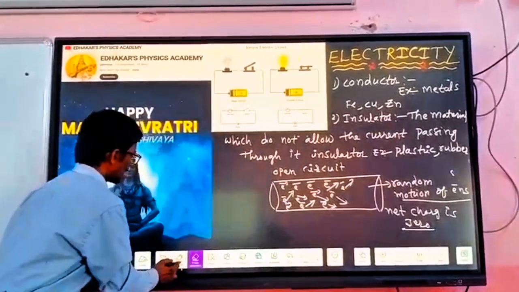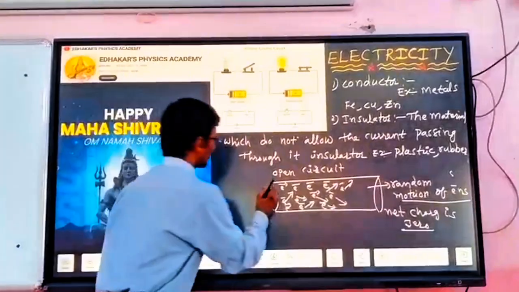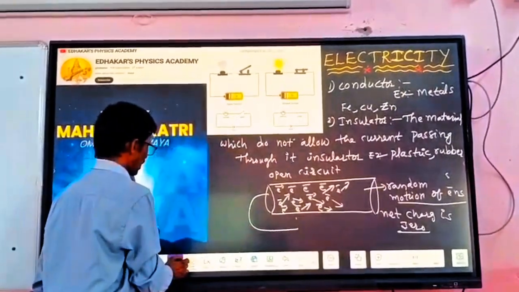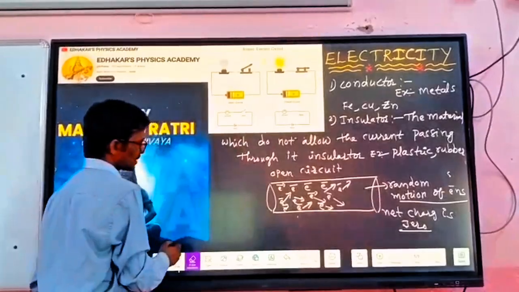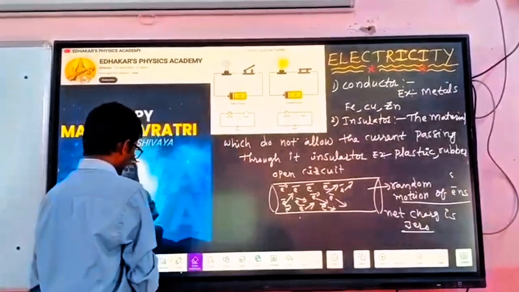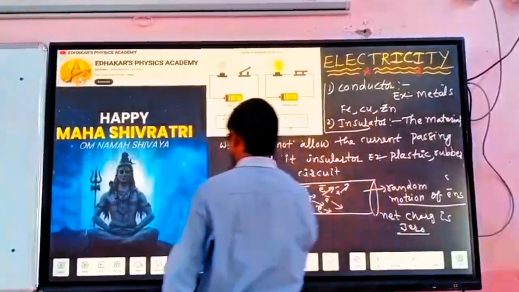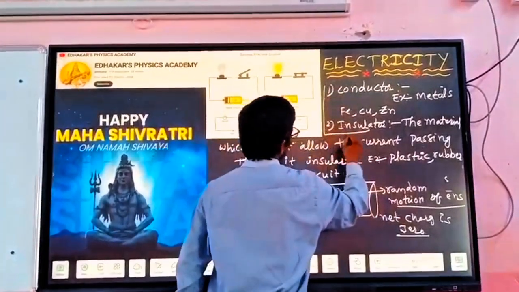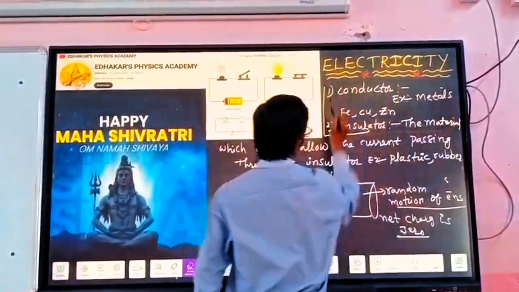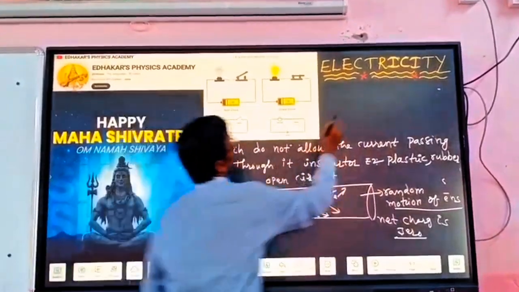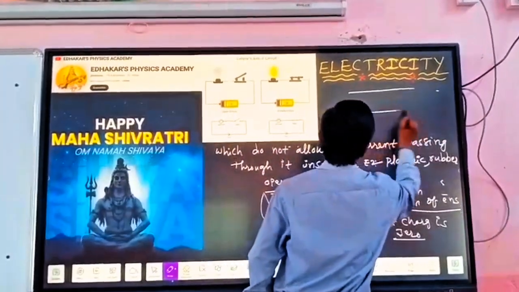Now the same conductor is connected to the cell. A cell has two terminals, one positive and one negative.